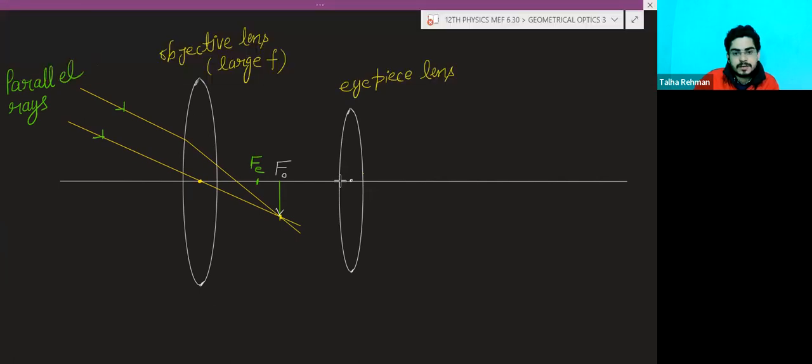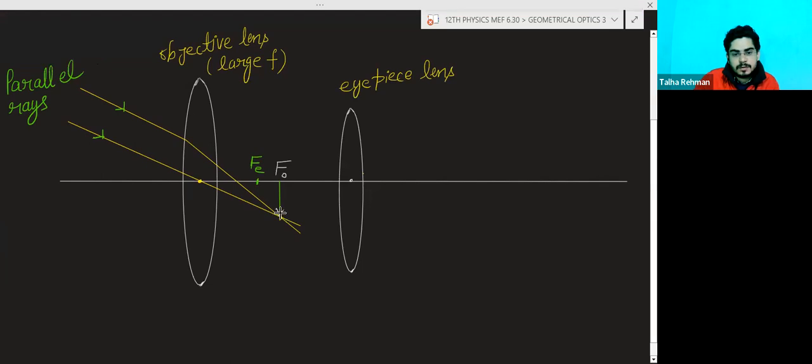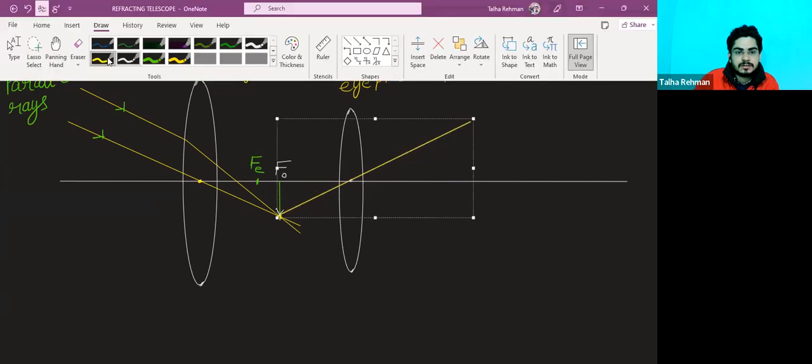So first ray from the object is like this, and it will pass.